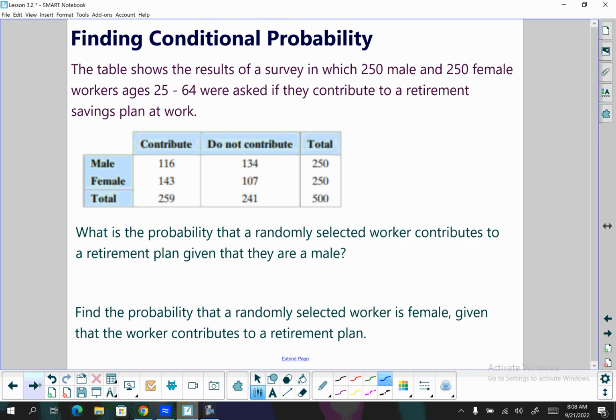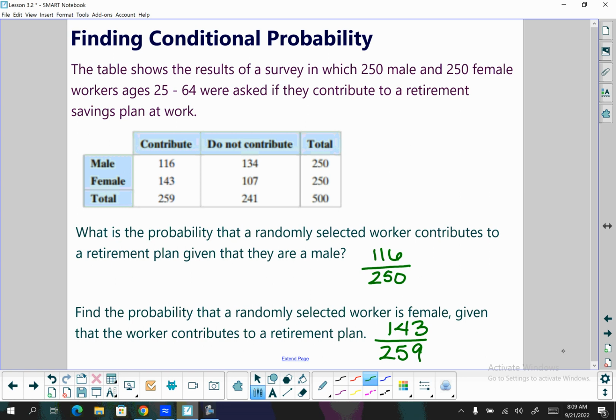All right. See if you guys can do these ones at the bottom of your paper. Start with the given. The given is your denominator. These are relatively quick, especially when they give you the totals.